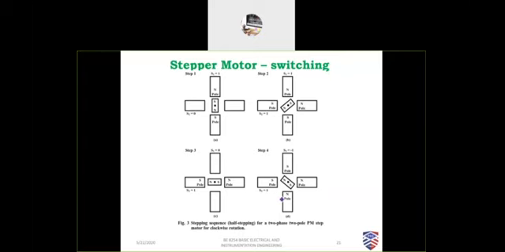So this is called an 8-step motor. For one full rotation, it takes 8 steps, because of 45-degree rotation, 360 divided by 45 is 8. Clear?